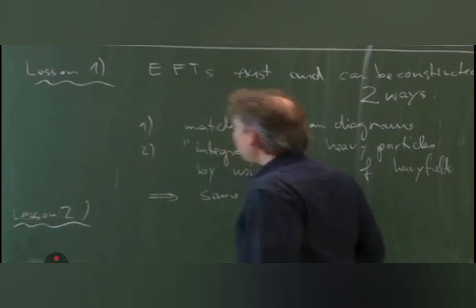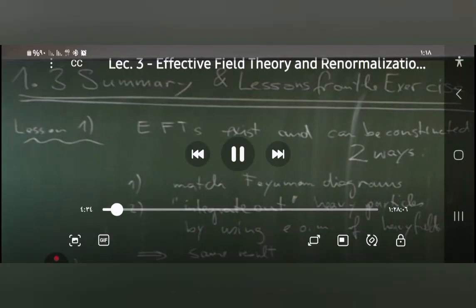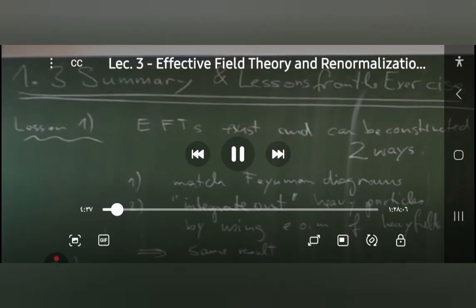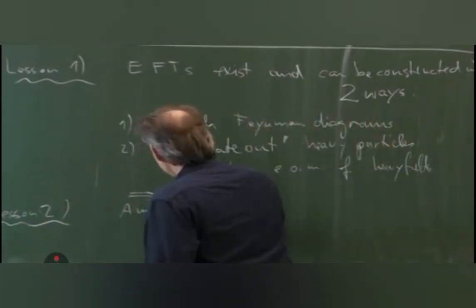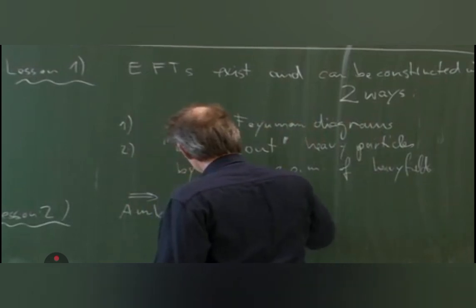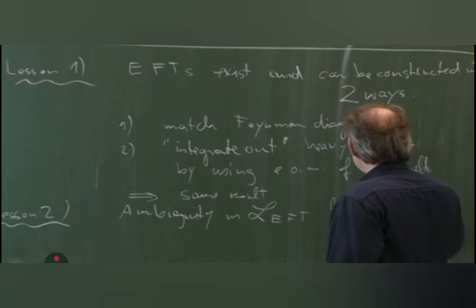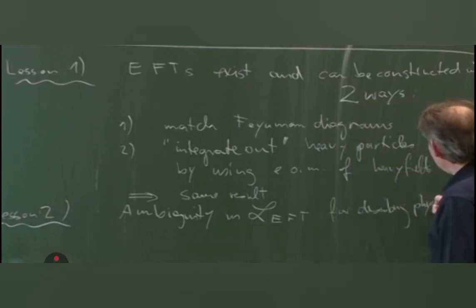The second lesson is about the ambiguity in the effective field theories, because we have also seen, and again in 2 different ways, that the Lagrangian of the effective field theory has some redundancy, and that corresponds to an ambiguity for describing physical observables.